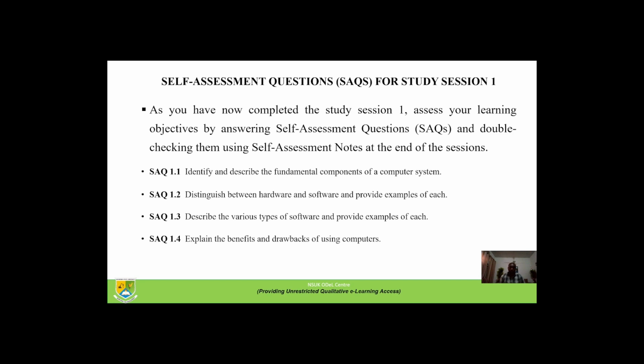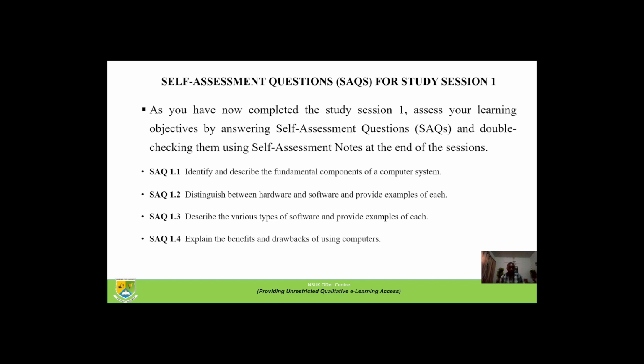Since we have come to the end of study session one, you are expected to assess your learning by answering the self-assessment questions and also double-checking them using the self-assessment notes at the end of the sessions. So for SAQ 1.1, the question is: identify and describe the fundamental components of a computer system.